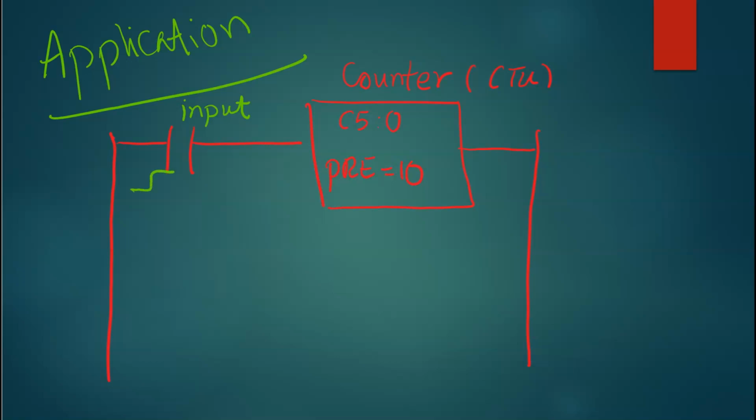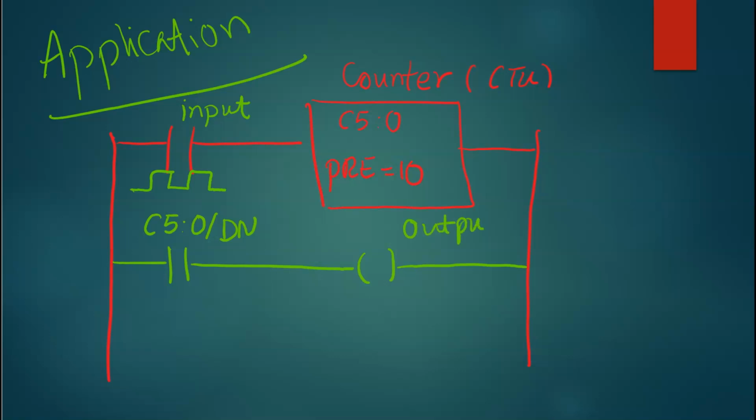After 10 transitions from false to true, the done bit of my counter will be equal to 1, and it can turn on an output field device. So if I use C50:0 and then the done bit, my output 1 will be turned on.